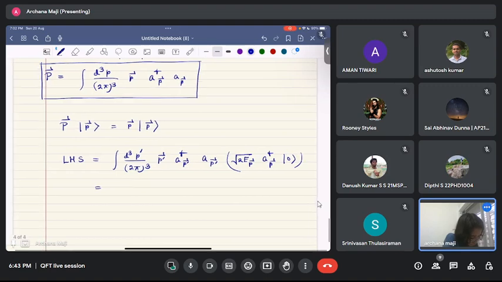And what you can do is apply the commutation relation between A and A dagger to rewrite it as P prime A dagger P prime.